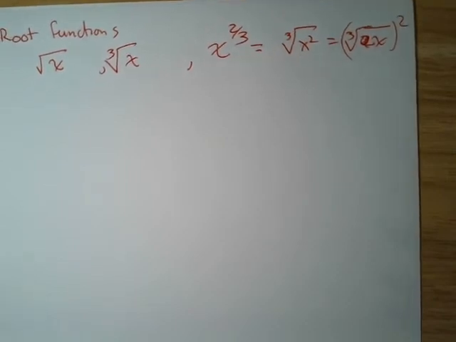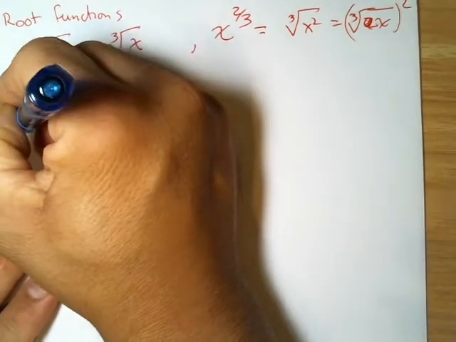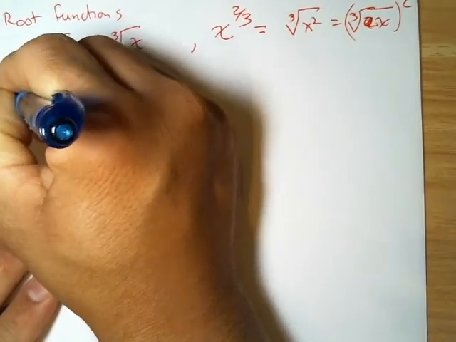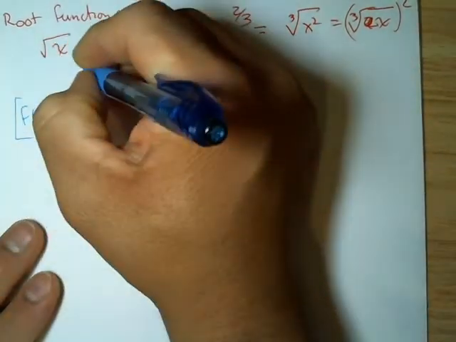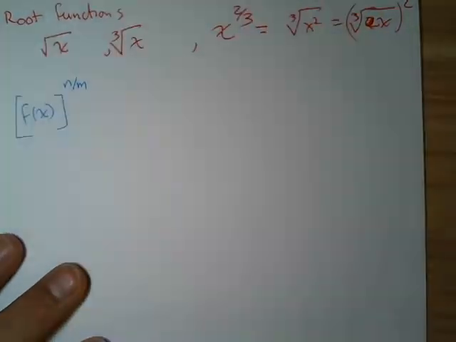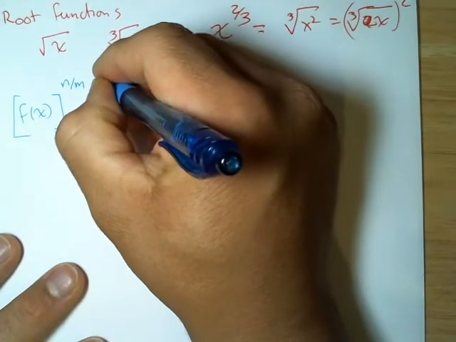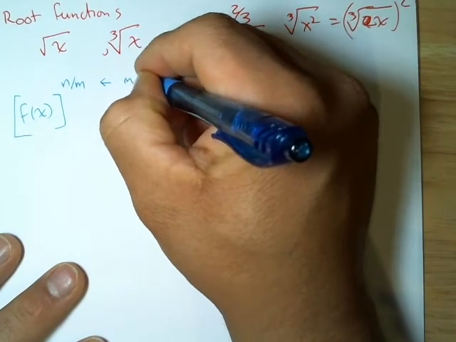Okay, so if we have a root function, some function f of x raised to some rational exponent n over m, and again here we're going to assume lowest terms.